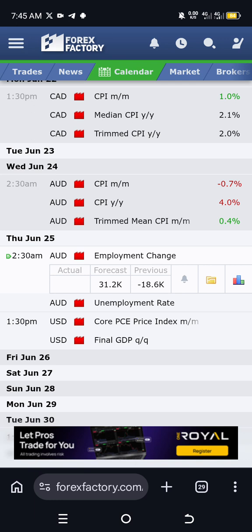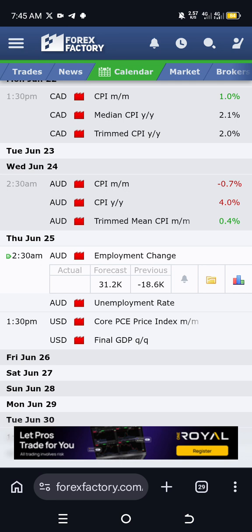But if the actual news is less than the forecasted figure, remember we don't know the actual news yet, so if the actual news released is less than the forecasted figure, the news will be bearish, which is bad news, because analysts have already predicted the market. For instance, this Australian news that is yet to be out, they have forecast it to be 31k.